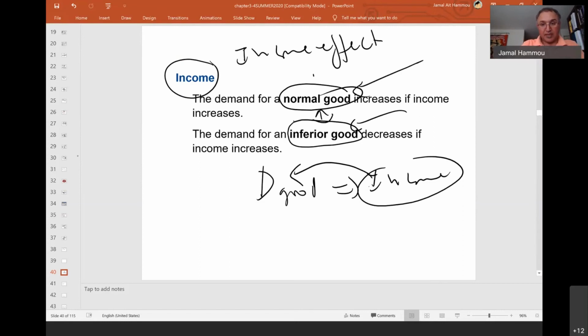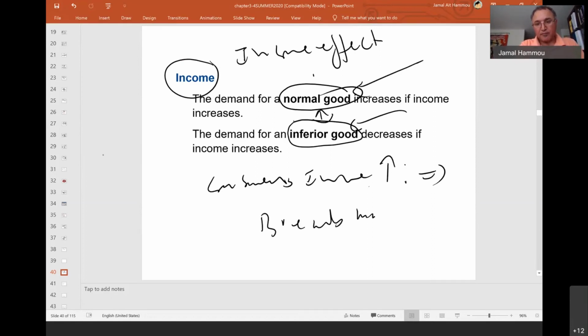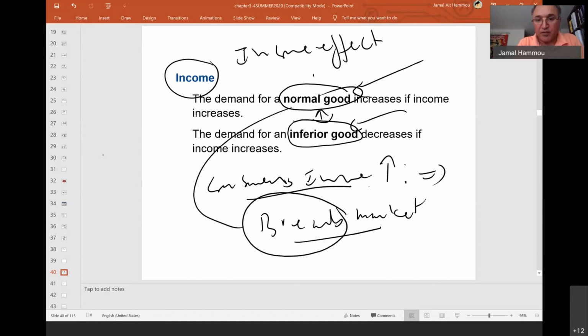Okay, so if I say, for example, the income of consumers goes up, how will that affect, let's say, the bread market? Income goes up. First, I have to know if bread is an inferior or normal good before I can say what the relationship is.